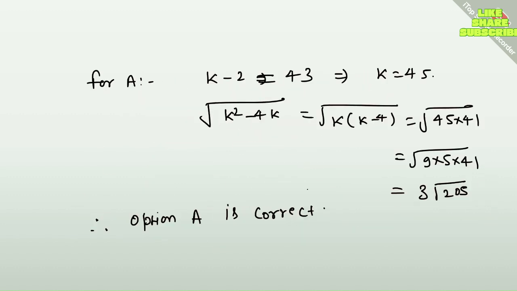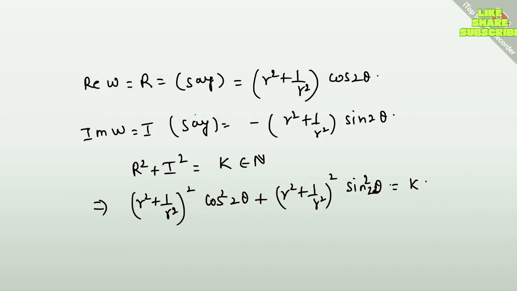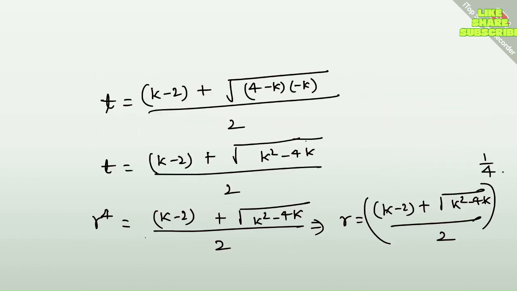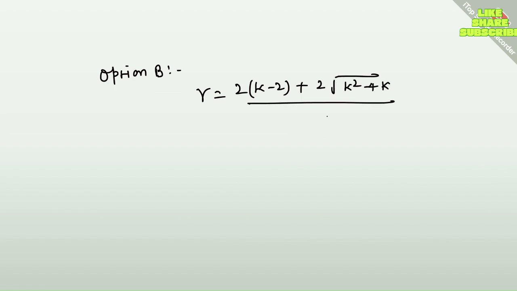Now let's move on to option B. For option B, we have 4 given in the denominator. So first of all, we make the value of R in terms of denominator 4. So R is equal to k minus 2, if we multiply by 2 here, therefore this is k square minus 4k over 4, and this becomes 1 over 4.